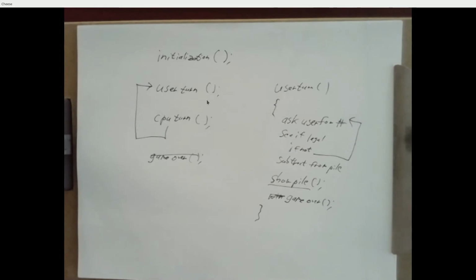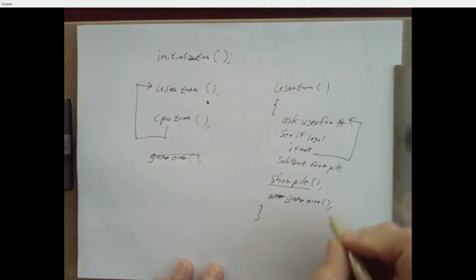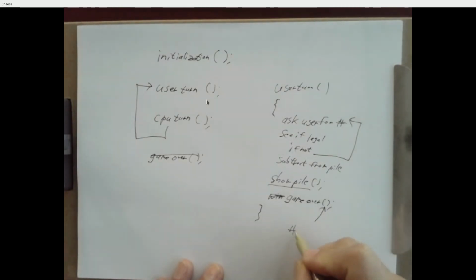And game over is going to say how many sticks are left. And if it's 0, then say the game is over and tell who won. And you might record the scores in a file or something if you were being super fancy. And then you just exit, right? So game over, I'm going to have to tell it some arguments, which is the number of sticks.